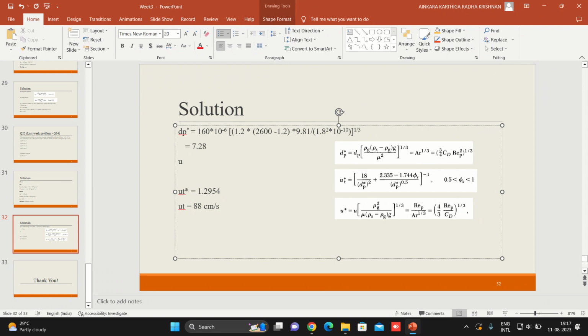Now we should find UT star. UT star is equal to the bracket of 18 divided by dP star square, plus 2.335 minus 1.744 into phi s, which is 0.67, divided by dP star power 0.5, the whole power minus 1.